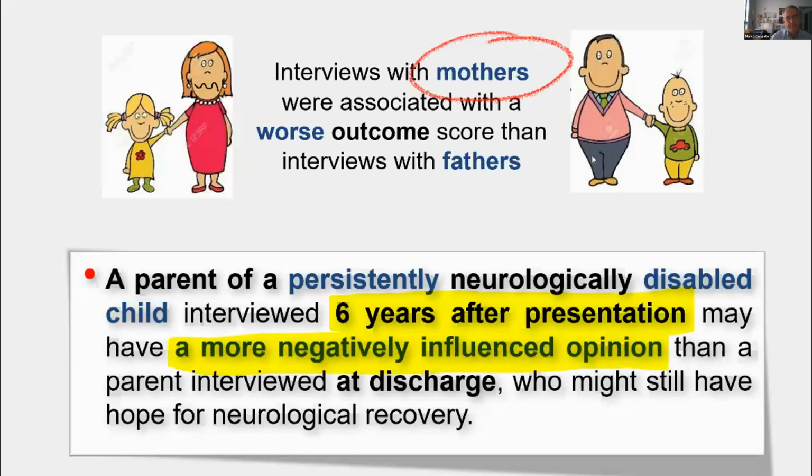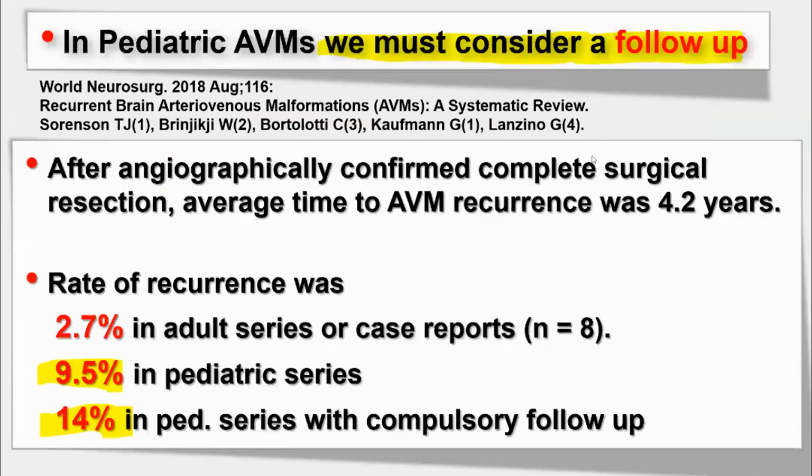So it's something you have to consider: as surgeons, we probably think it talks, it walks, and everything is fine. But over time, a deficit can be a big problem also in the child. And it's interesting to see in interviews that the mothers are more concerned about the outcome than the fathers, who are much more easygoing about that.